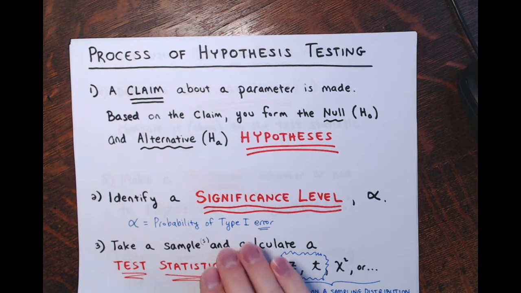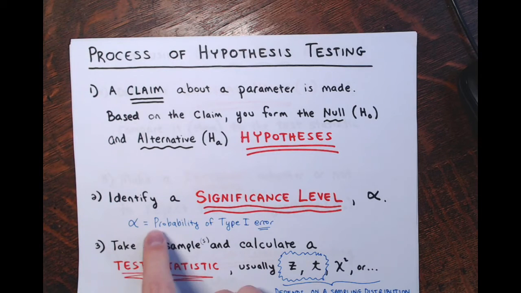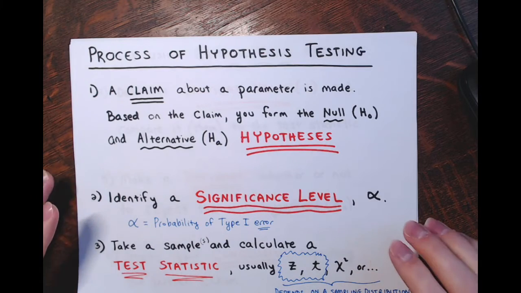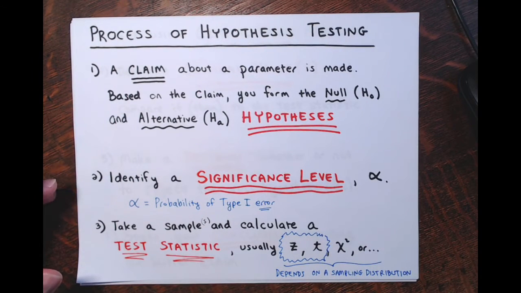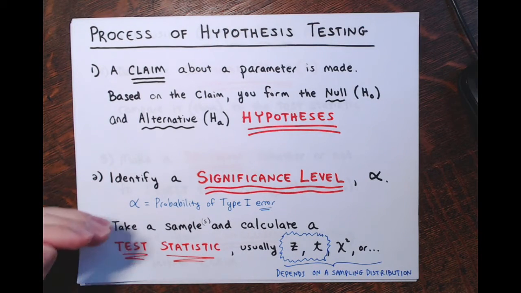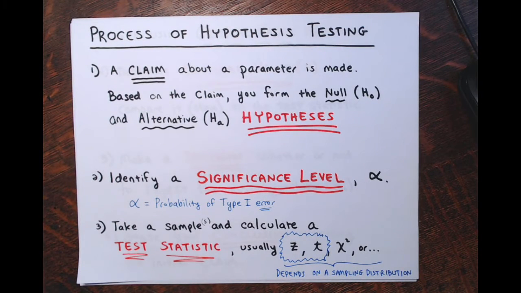We want the probability of making an error to be pretty small, so this is usually going to be 5% or less. If it's not mentioned in a problem, we're going to have the value of alpha be 5%. It might be less in other problems, or it might actually be specifically stated. But you identify a significance level alpha.